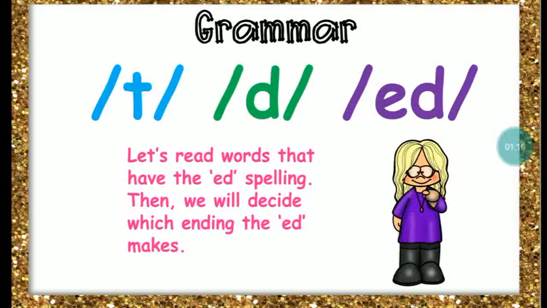Okay. Let's read words that have the ed spelling, okay? We will decide which ending the ed makes. So I'm going to tell you some words that have the ed spelling, and you will tell me if the sound at the end sounds like t, d, or ed.